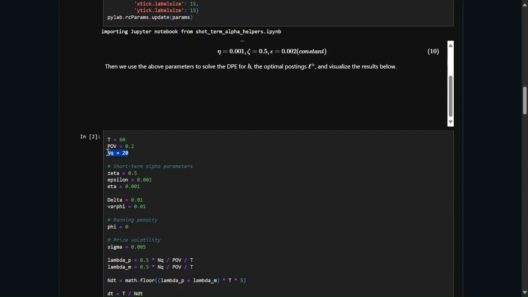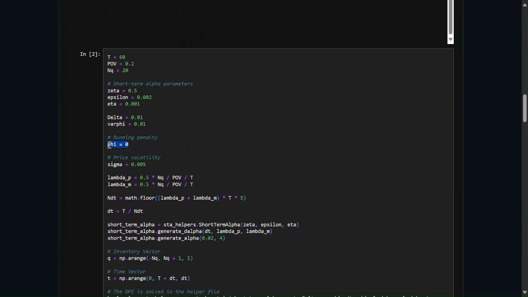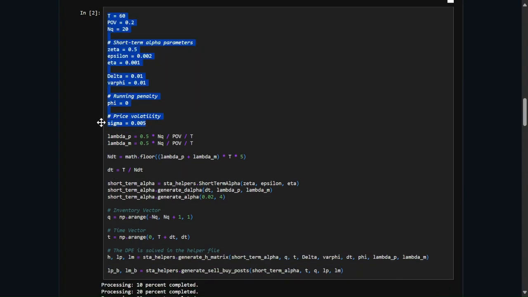And this is the number and quantity of trades, and this is kind of a running penalty. This is our risk aversion, and this is the volatility.